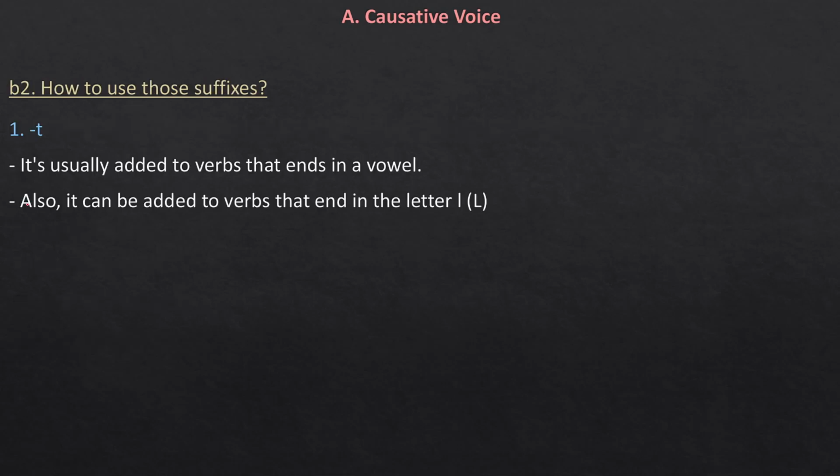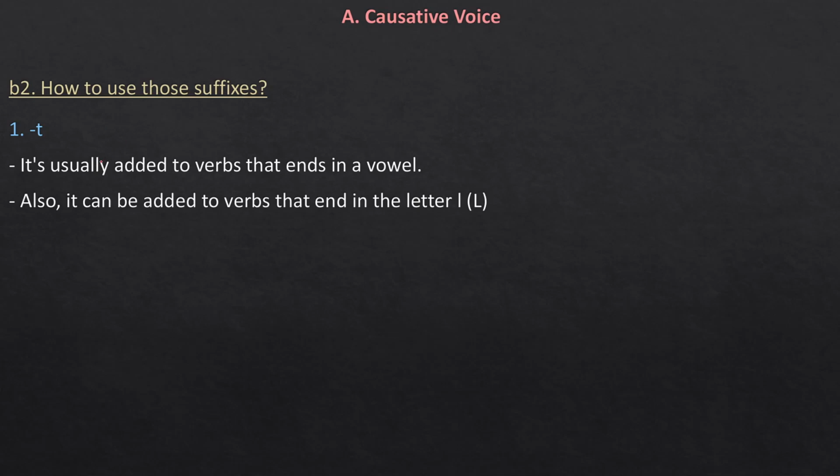Te is usually added to verbs that end in a vowel. Okay, it ends in a vowel. And what is a vowel? There are 8 vowels. A, E, I, O, U, Ü. If your verb ends in one of these letters, you get this te suffix.